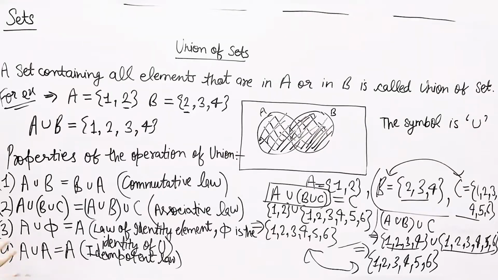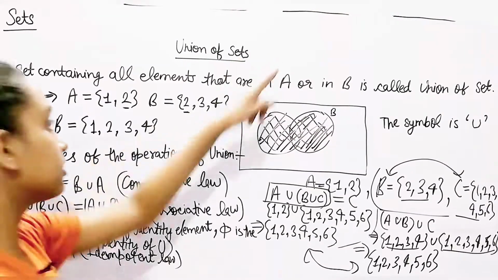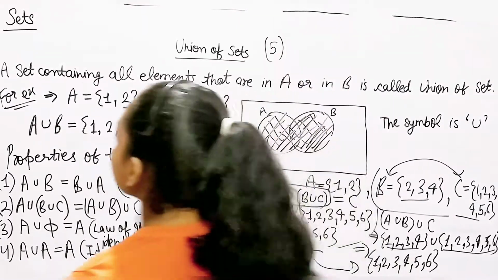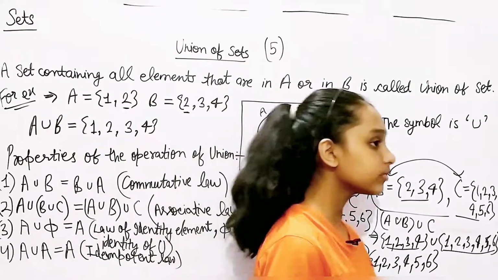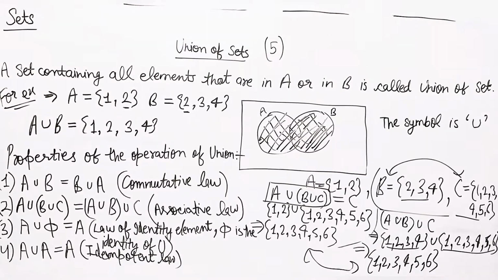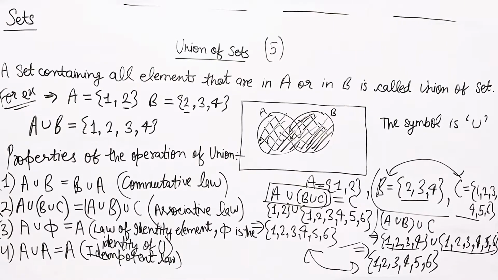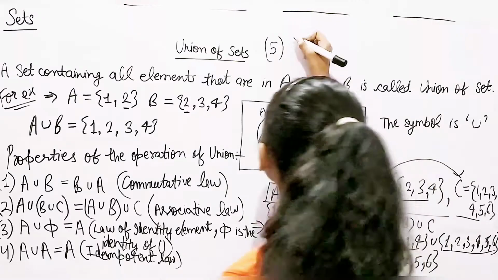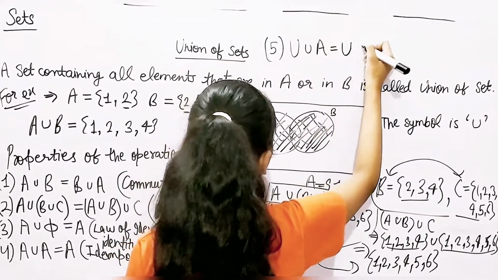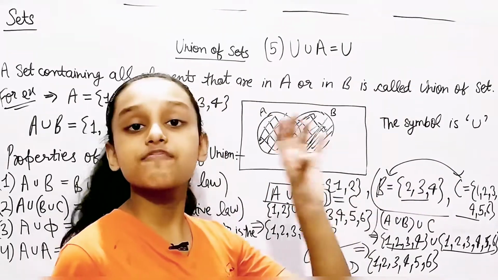Now the fifth property that I'm going to write is basically the same, in which we're going to use the universal set, set U. So U union A is equal to U. And it is actually from the law of universal set.